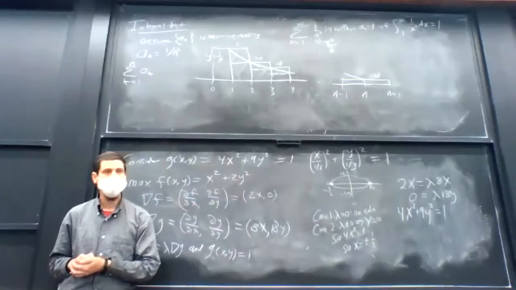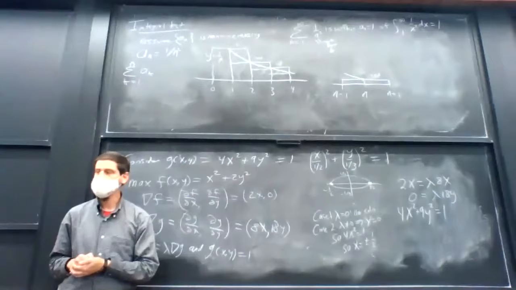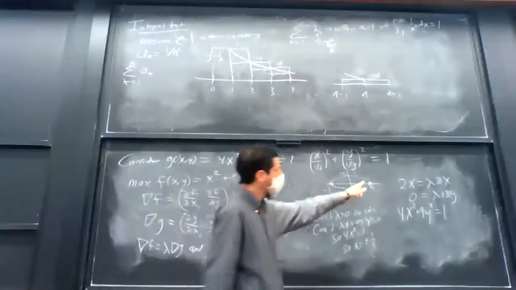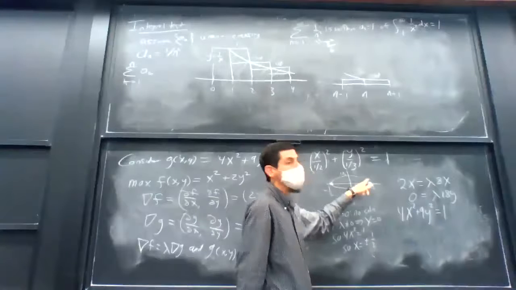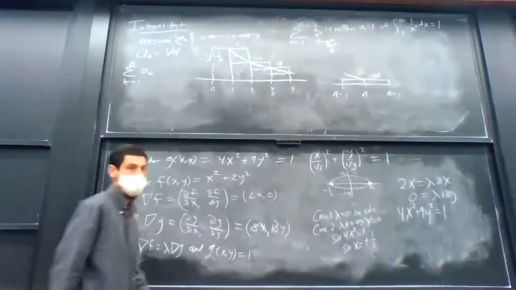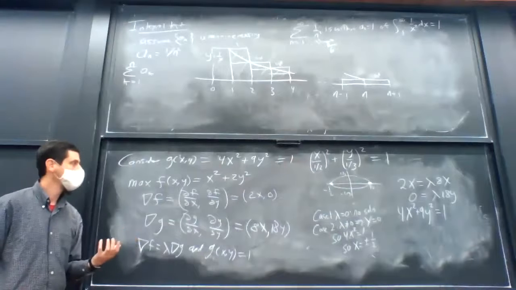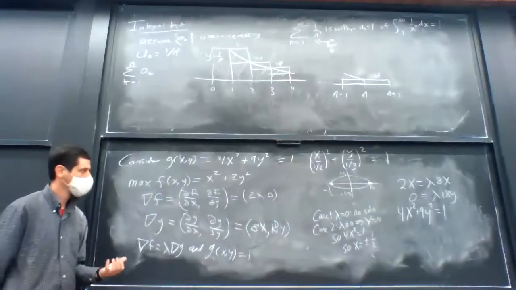Which would you rather have, 1/4 or 2/9? I'd rather have 1/4 because 1/4 doubles to 2/8, and 2/8 is better than 2/9. So I know that 1/2 is better than 1/3, but maybe there's an intermediate point that's better. So it's no longer immediately clear where my best point is if I have x squared plus 2y squared.